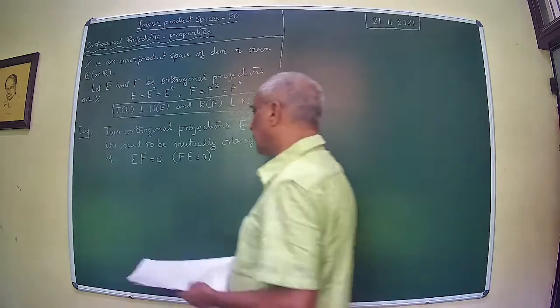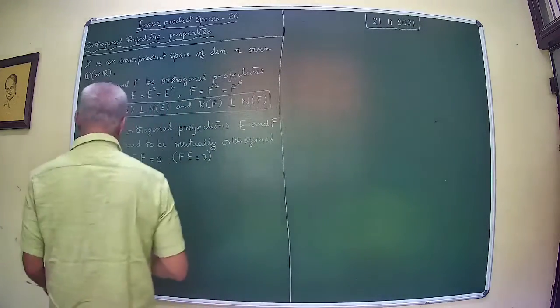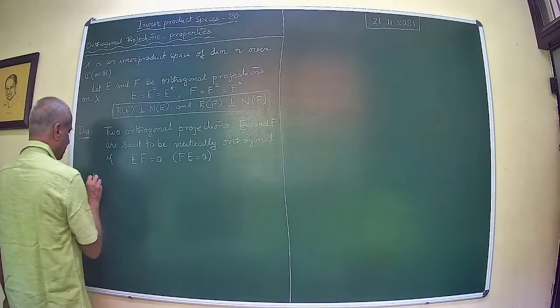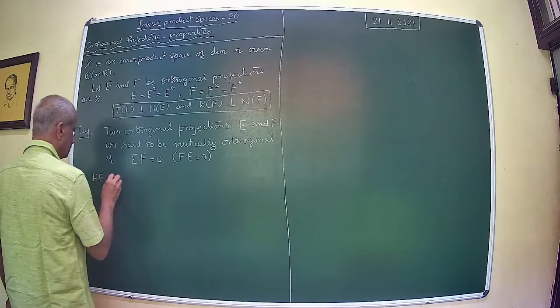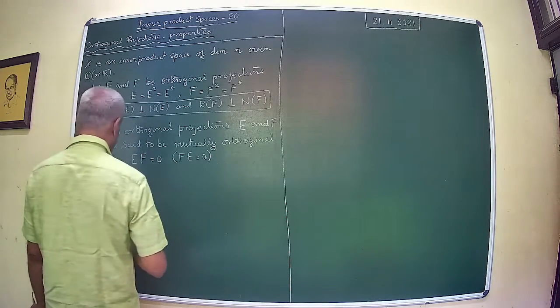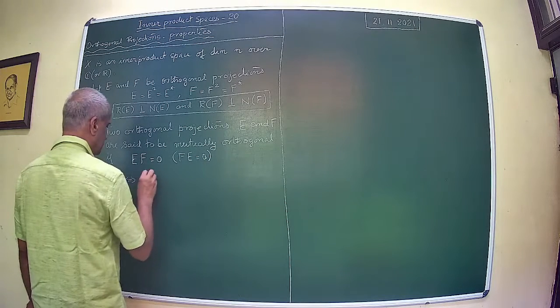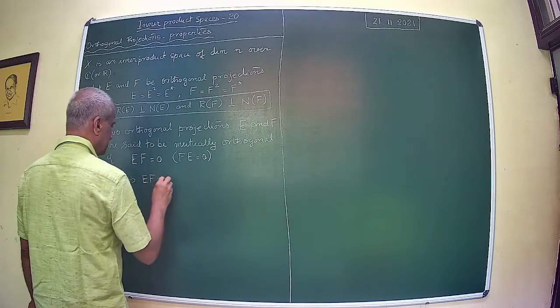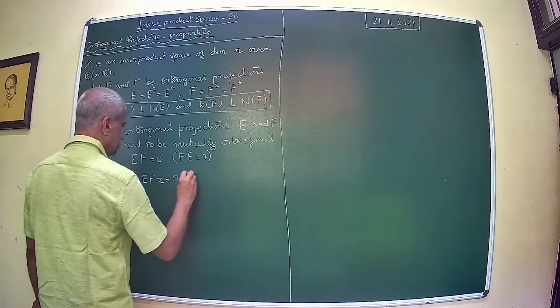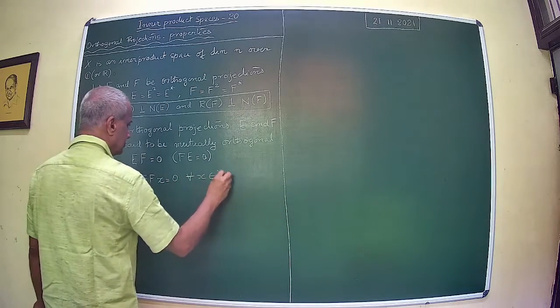What does this mean? It says EF equal to 0, the zero linear transformation, if and only if EF(x) equal to 0 for every x.